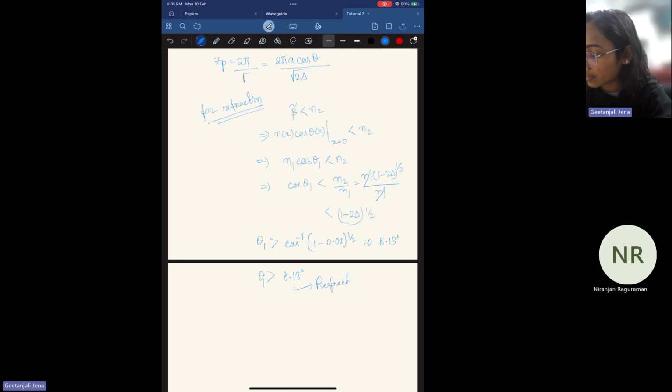So we have angles 1 degree, 4 degree, and 8.131 degree. Here you can see this theta value is greater than 8.13 degree. So that means there will be no guidance for this ray. So we don't need to calculate the zp here, because here there is no guidance of ray.